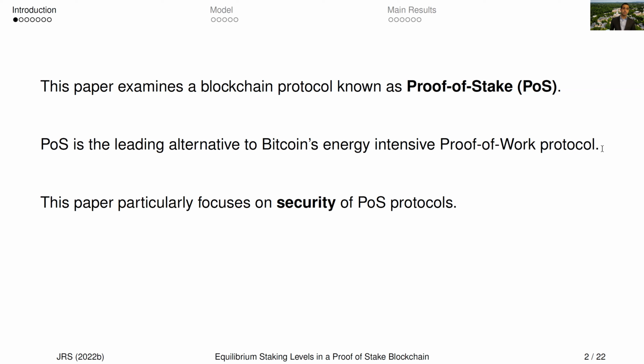Now, what do I mean by security? Well, when you conduct a transaction on a blockchain, there is some risk that, for example, your transaction is reversed, or there is some risk that when you send a transaction to the network, it's not even able to get onto the ledger. And all of that is encompassed into this concept of security.